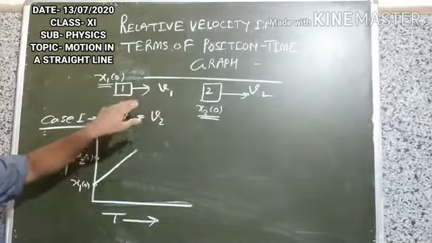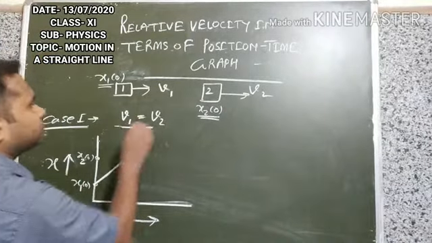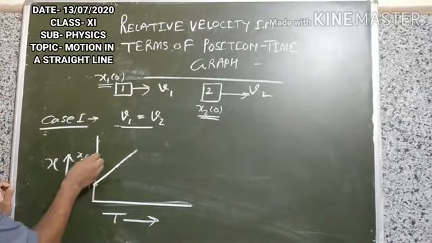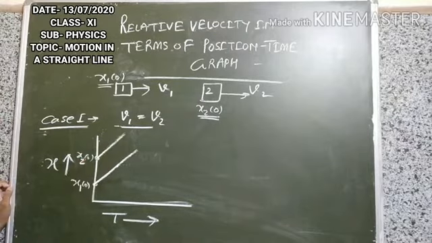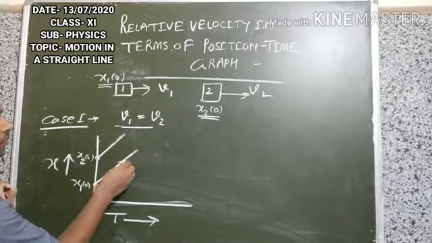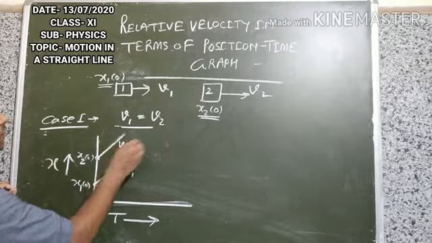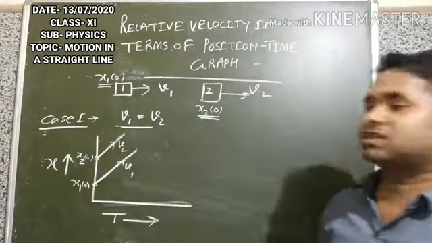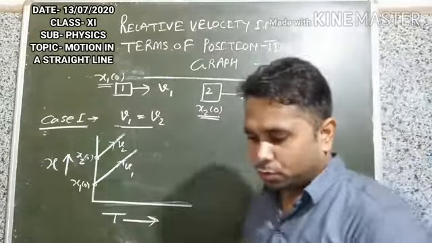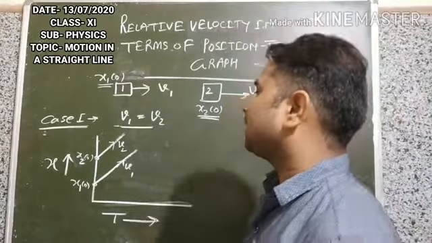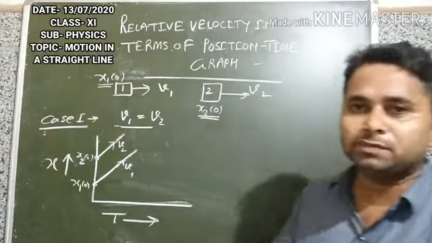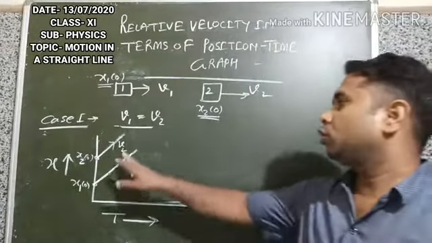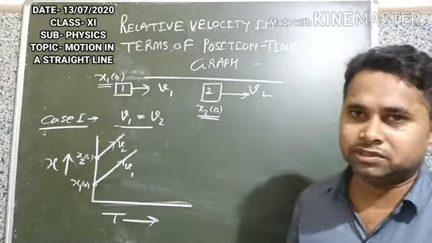But see here, case first is v1 is equal to v2. It means both have the same slope. See here, this is v1 and this is v2. In the previous class we discussed the slope in a position time graph, distance time graph or displacement time graph. The slope of the graph represents the velocity.